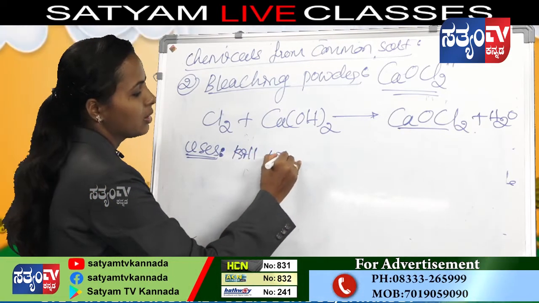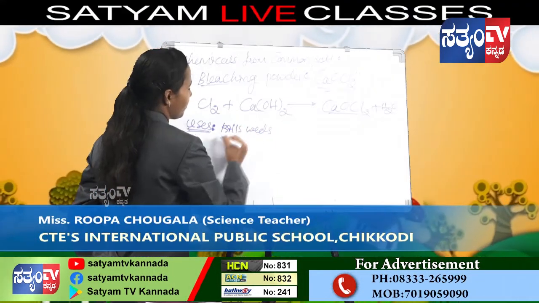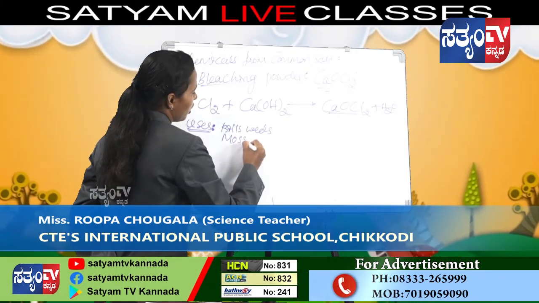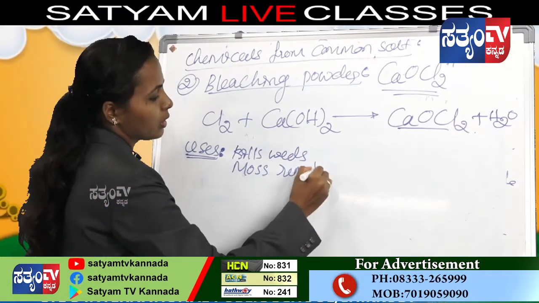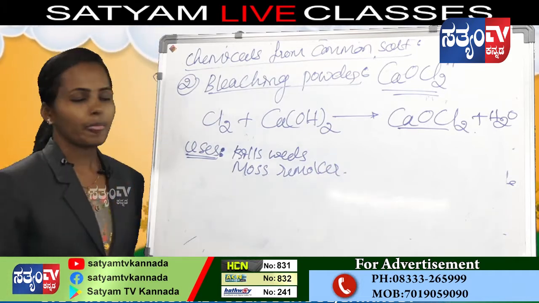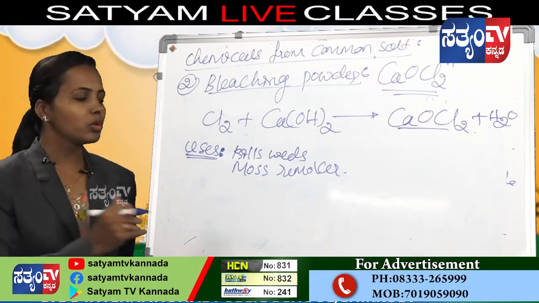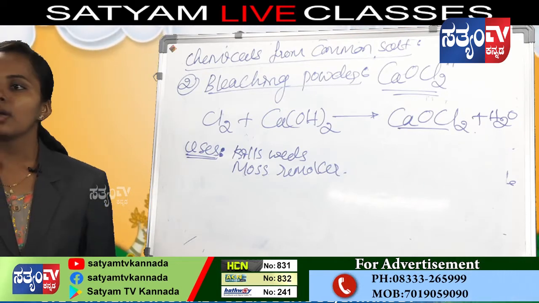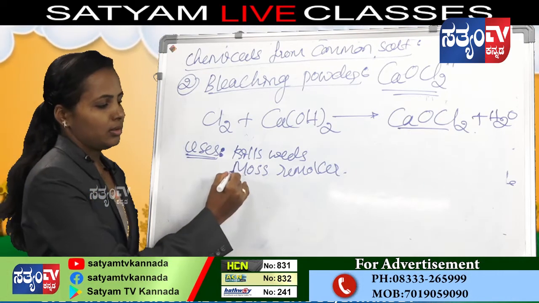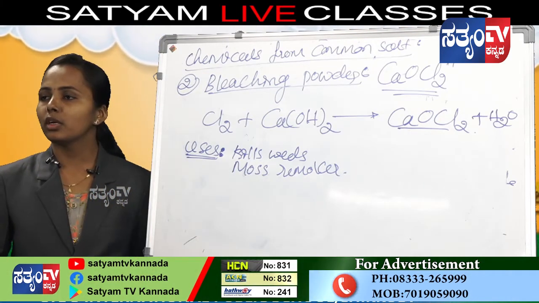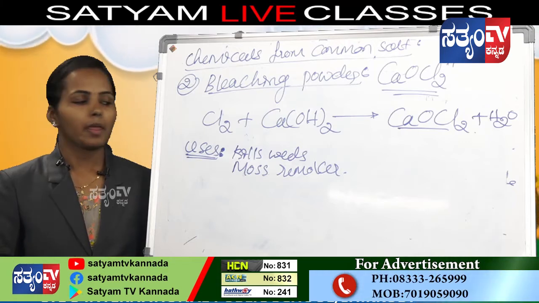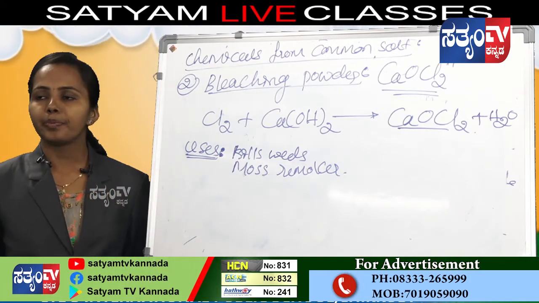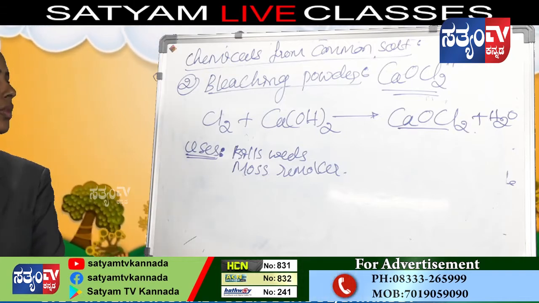And next, it is used as a moss remover, for removing moss. And next, it is used in paper industries and cloth industries. This is about the uses of bleaching powder.